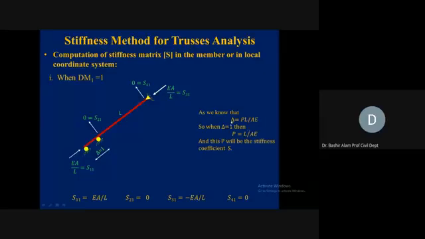If we put this equal to 1, then P becomes equal to AE over L, so this is EA over L. And this P will be the stiffness coefficient S. Why? Because this is because of the unit displacement.